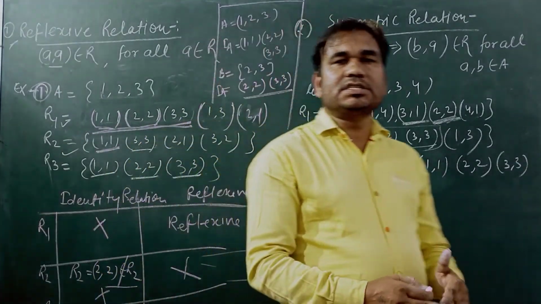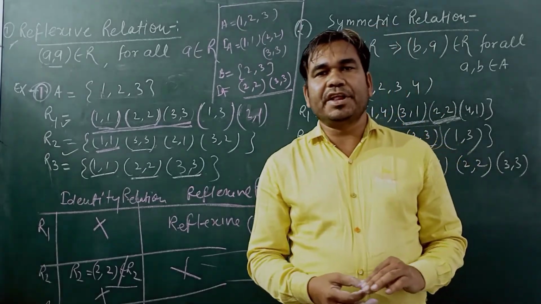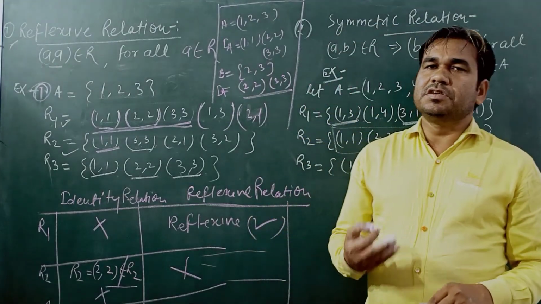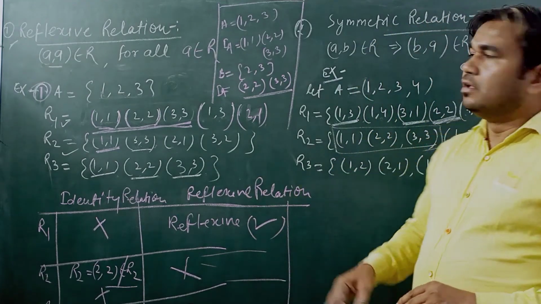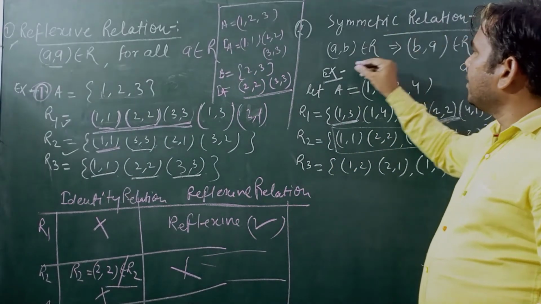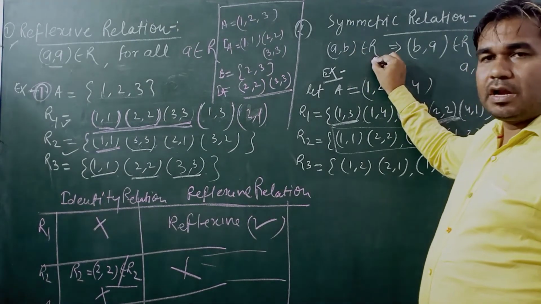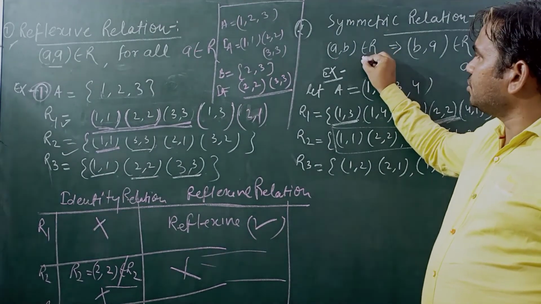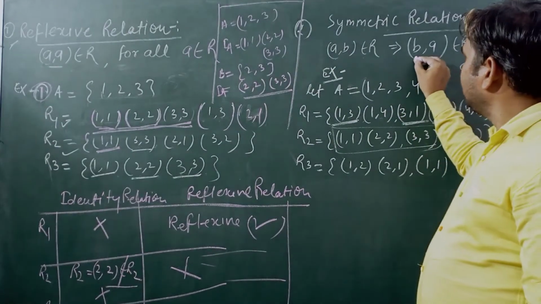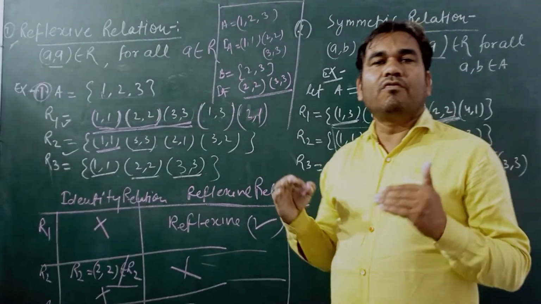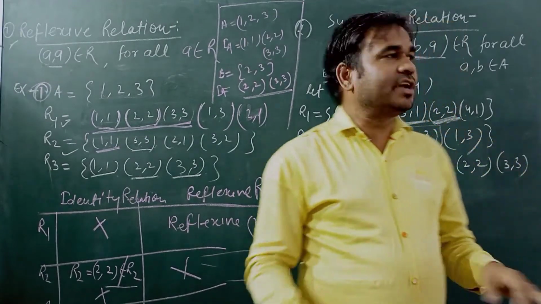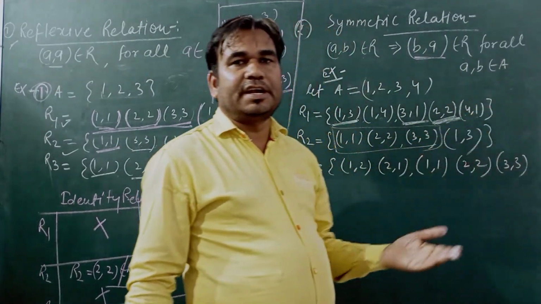Now we discuss, students, the symmetric relation. In symmetric relation, (a, b) belongs to R and its reverse (b, a) also belongs to R for all elements of any set. Here set A means any set.